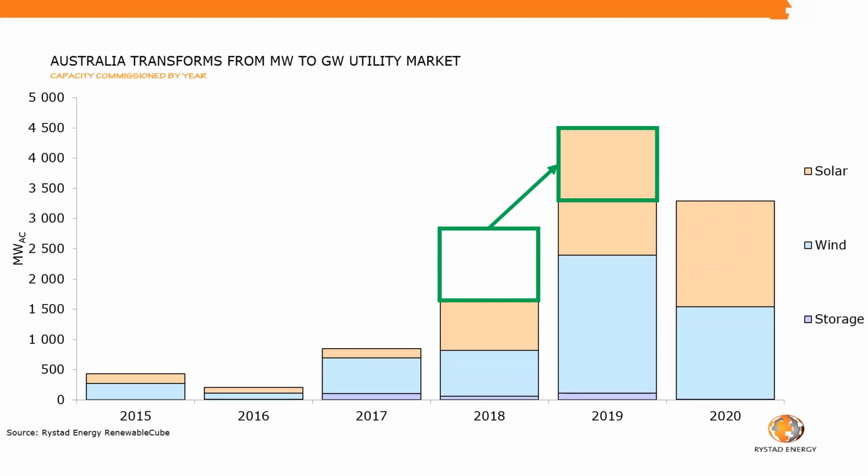Likewise, we could expect to see some slippage from 2019 to 2020. But this chart only includes committed projects, so those actually at financial close or under construction. So if we do see some more projects close within the next few months, we could expect the 2020 capacity commissioned to actually increase. So there is some upside as well.